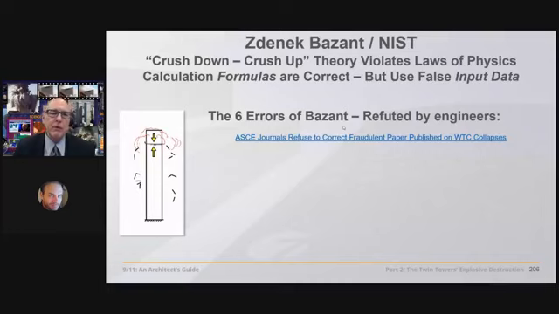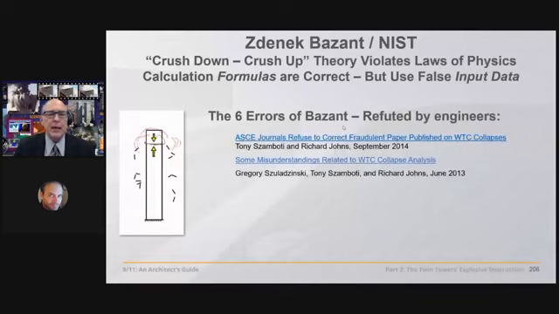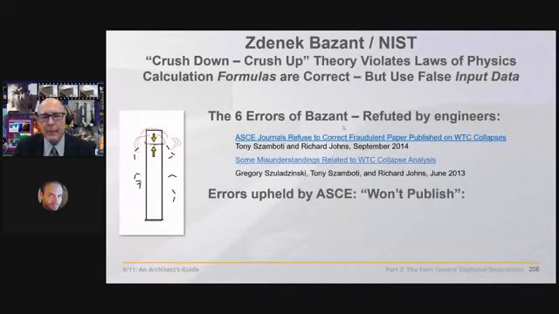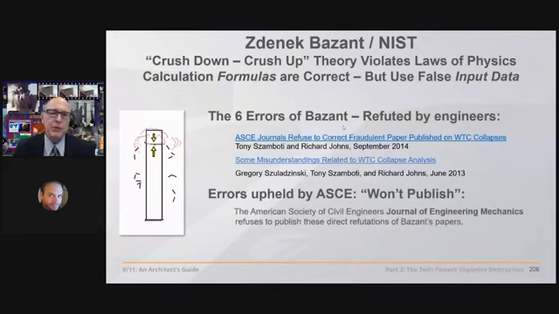So this has been refuted by engineers and submitted to the American Society of Civil Engineers, Journal of Engineering Mechanics, by Tony Szamboti and Richard Johns in 2014, along with another paper. But guess what? The errors are upheld by the American Society of Civil Engineers, who, by the way, were the main organization behind the FEMA report. They won't publish the correction of these errors. Why?